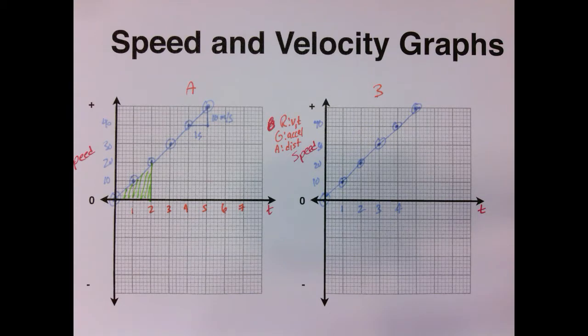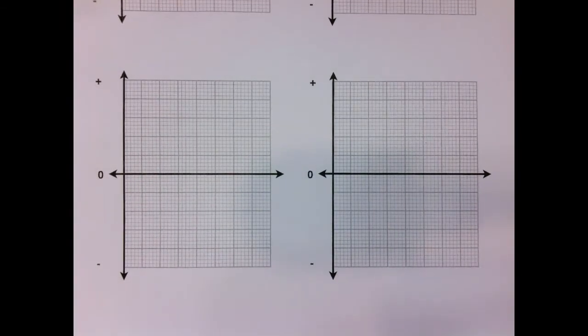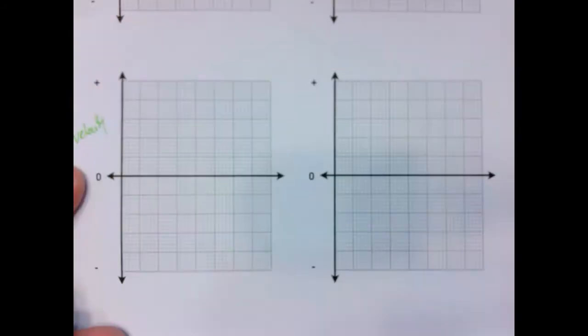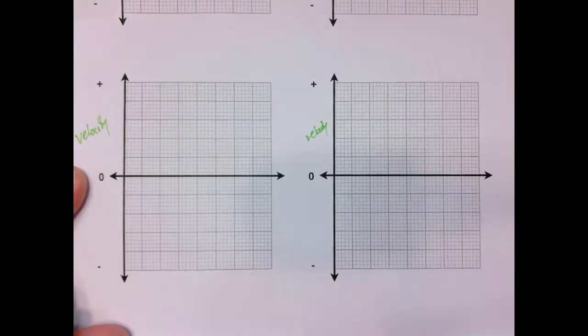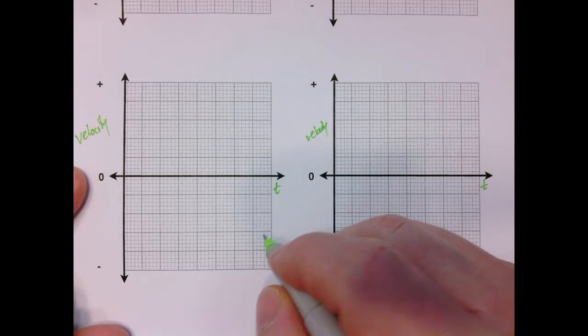Now let's ask ourselves if that is true of the velocity time graphs. So now we will move down to these coordinates. We have velocity, time.